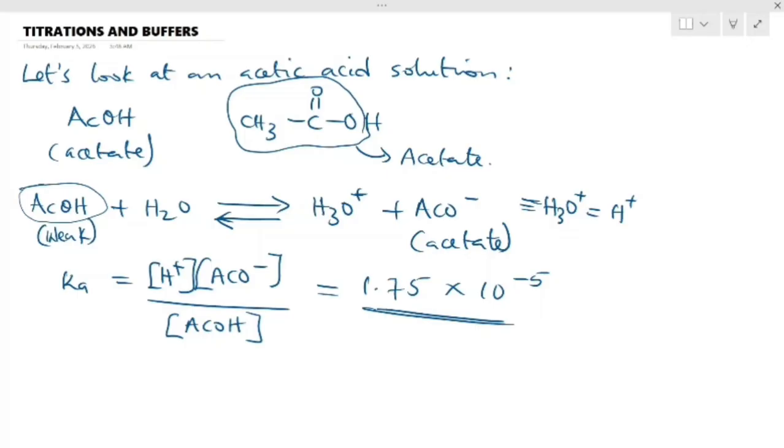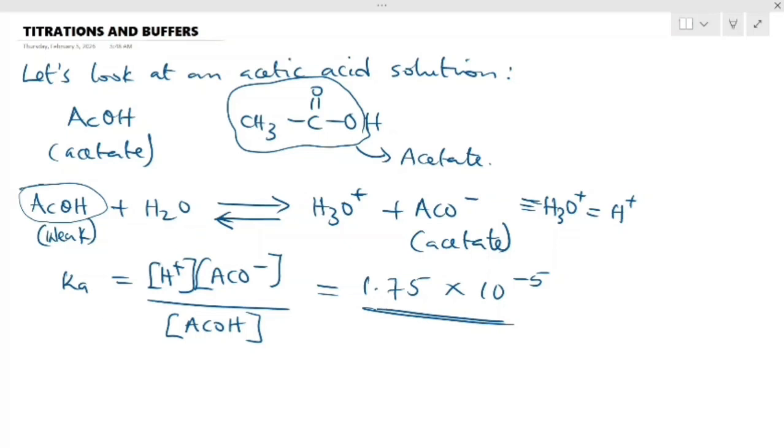A very little amount of it comes apart, and much of it remains in the reactant form. So as we continue to add OH minus to this solution, the fundamental reaction takes place.